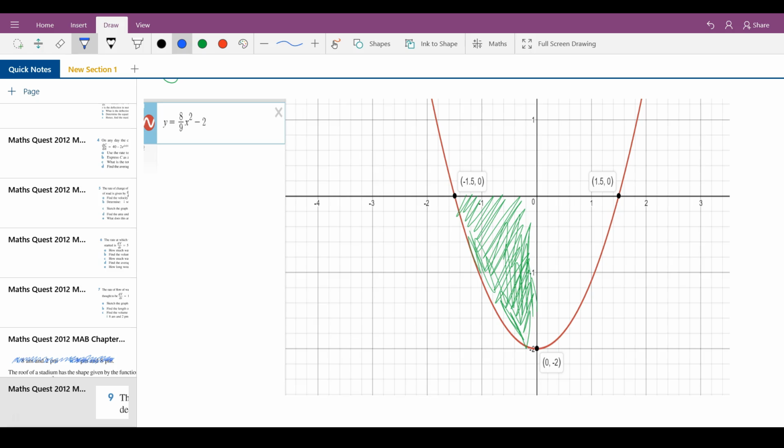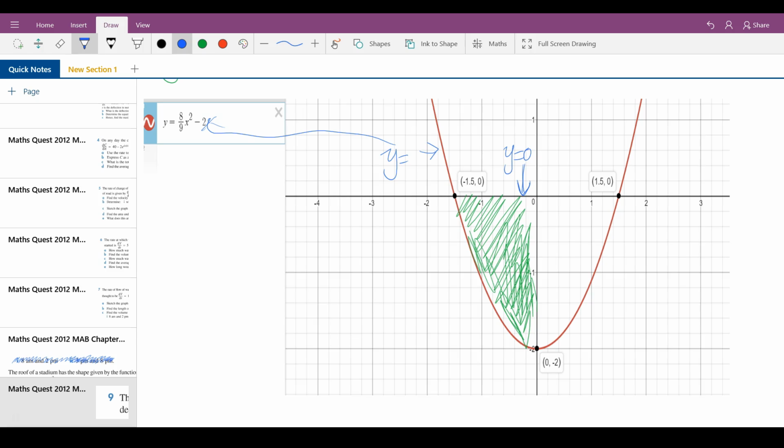Now be careful here, we've got two lines. This is our y equal to that function there, but the other function is y equal to 0. You're trying to find the area between these two functions. Remember, it's always the top function minus the bottom function.